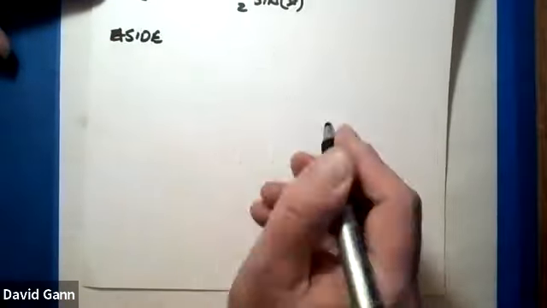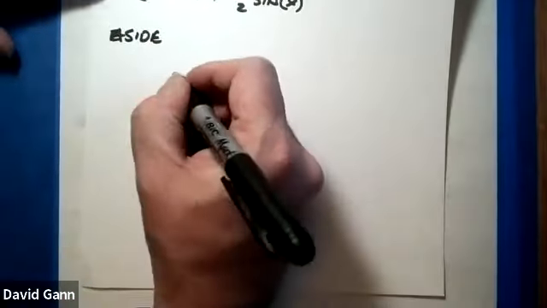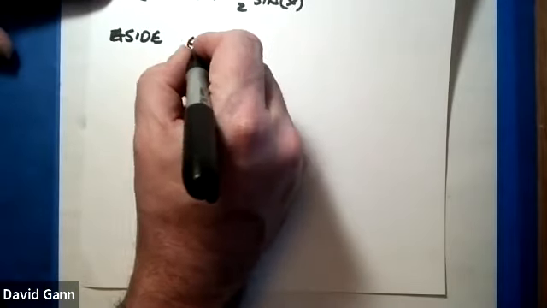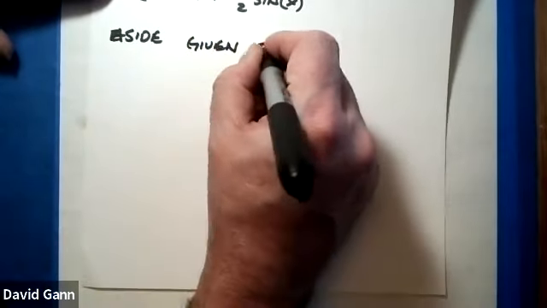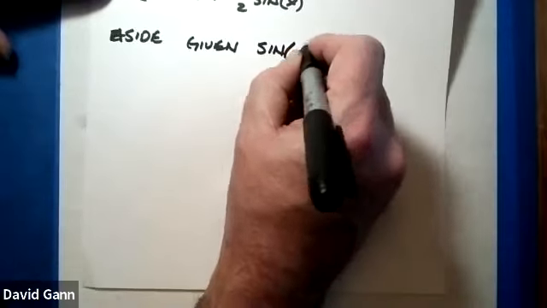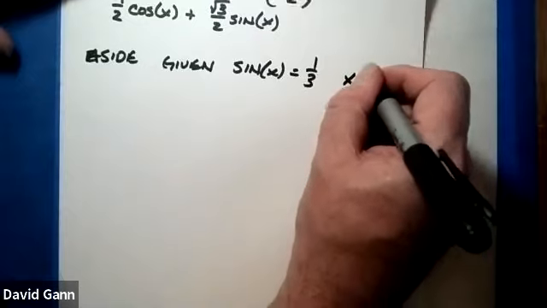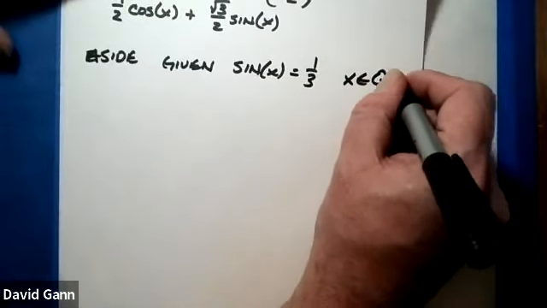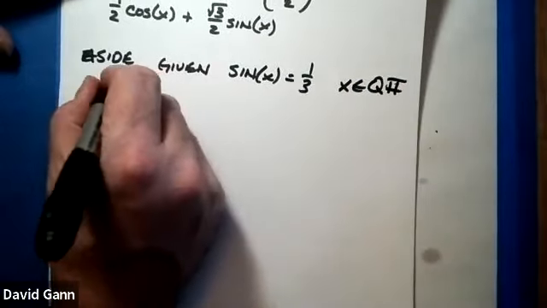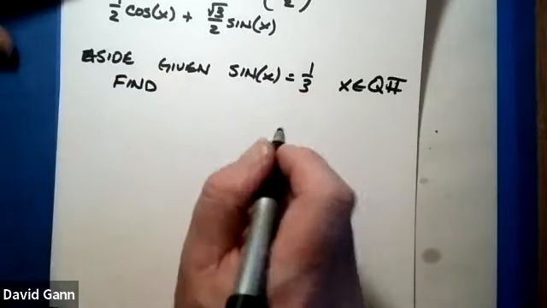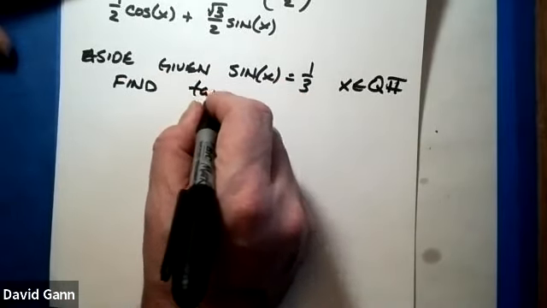Recall that in chapter 1 we did some problems where it was like, given, say, sine of x equal to 1/3 and x in quadrant 2, find some other function, like say tangent of x.